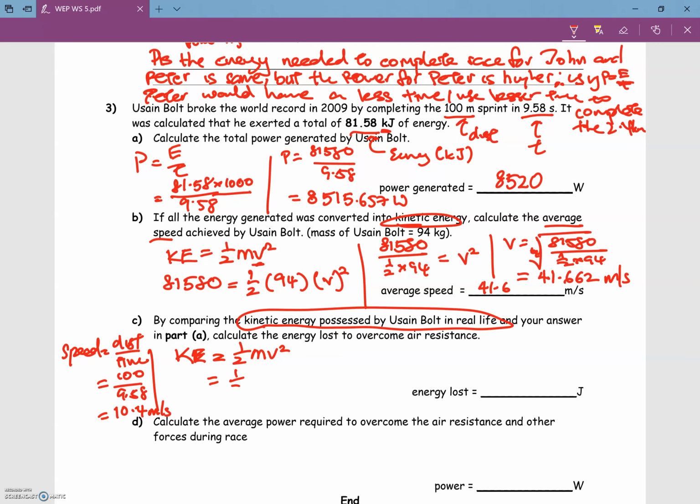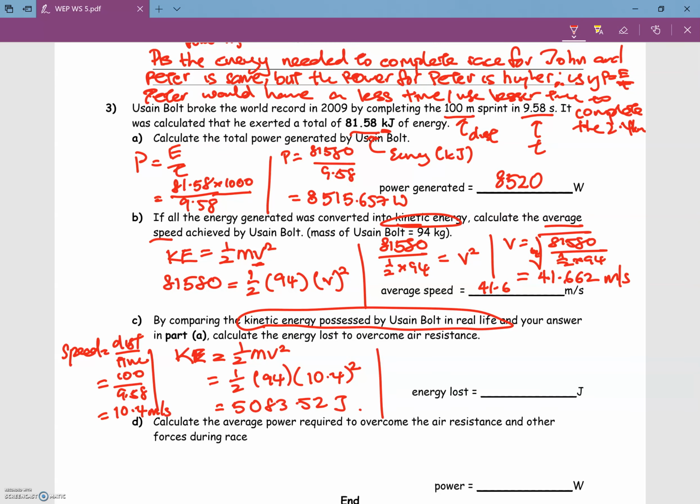So if I use KE, I find half times 94, that's his mass, times the average speed in real life, 10.4, squared. So let's press my calculator. Half times 94 times 10.4 squared. What I'm going to get is 5,083.52 joules.